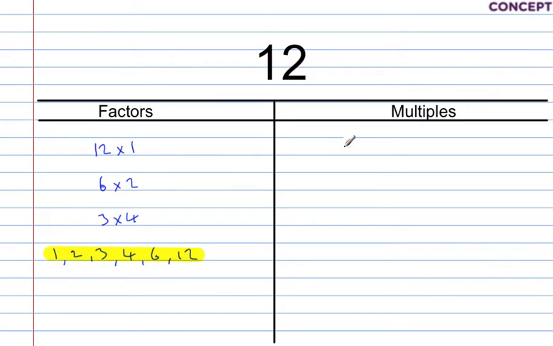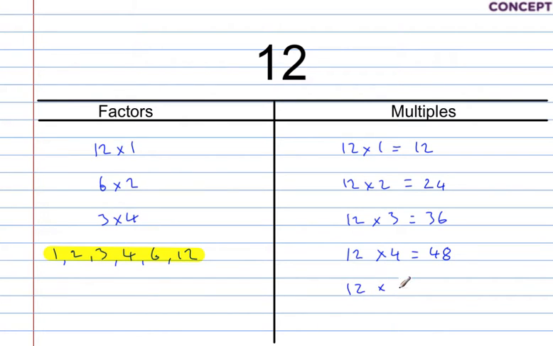Okay, what are the multiples of 12? Well, 12 times 1 is 12. 12 times 2 is 24. 12 times 3 is 36. 12 times 4 is 48.